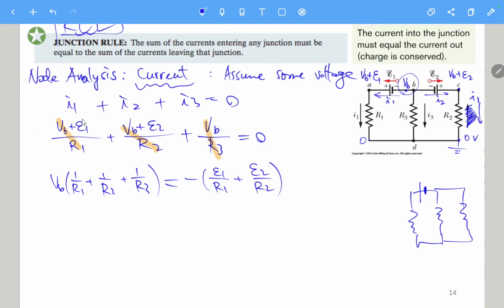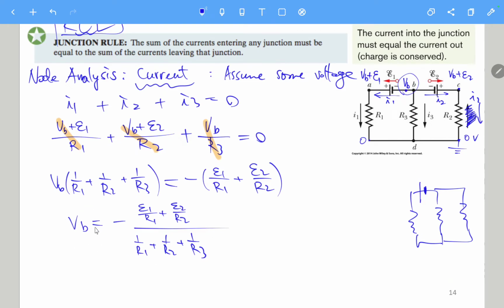These are the remaining two terms, putting on the right side. So finally, VB will be negative E1 over R1 plus E2 over R2, over 1 over R1 plus 1 over R2 plus 1 over R3. As much as we don't know the values of R1, R2, R3, and E1, E2, this is the closed form solution for VB.